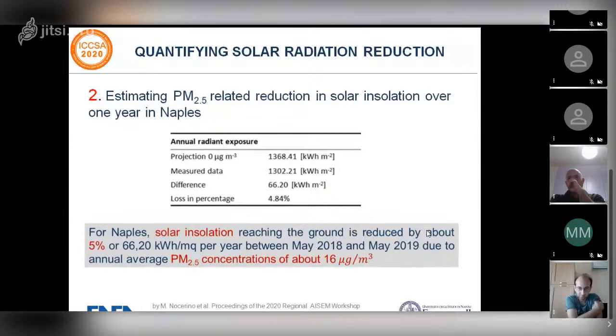So this derived empirical relation represents itself a result. It enables a way to predict the influence of air fine particulate pollution on the solar energy potential in PV suitable sites such as buildings' rooftops.